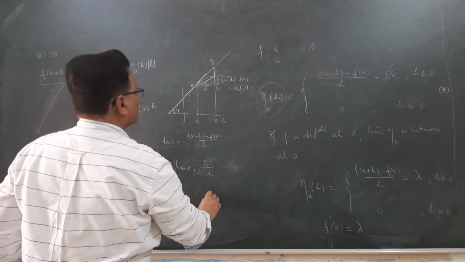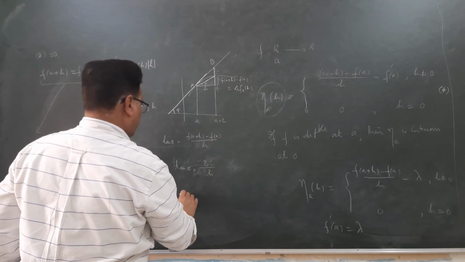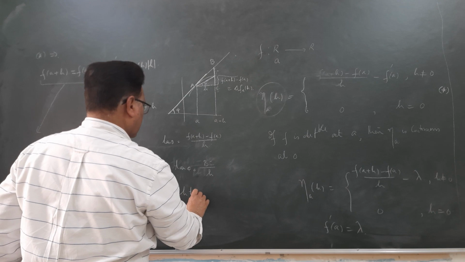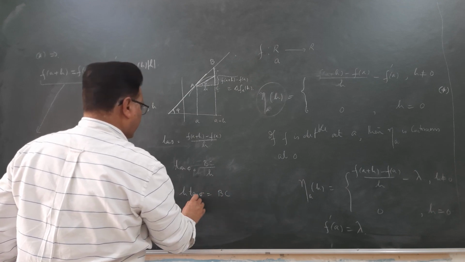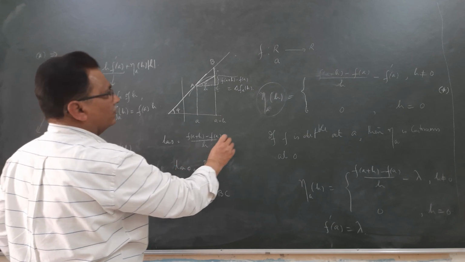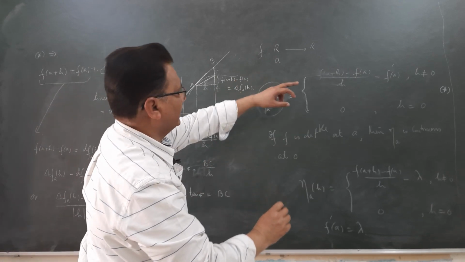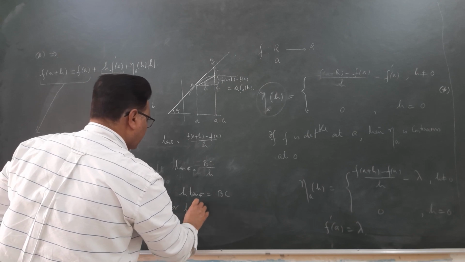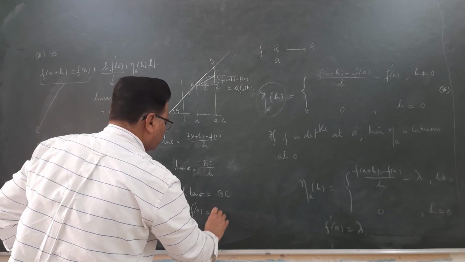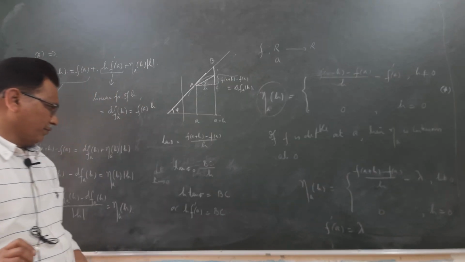So h into tan phi equal to BC. And tan phi, in the limiting case, you are calling as f dash a. So h times f dash a equal to BC. This is to be seen.